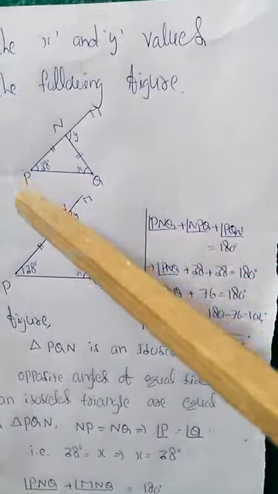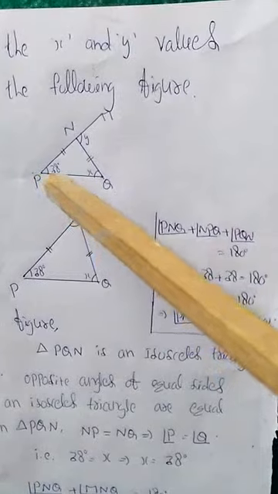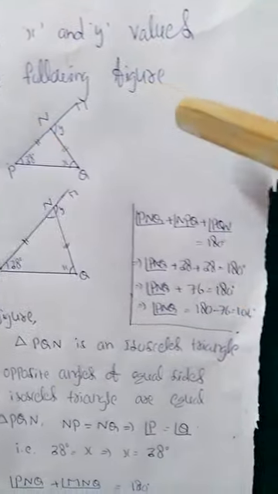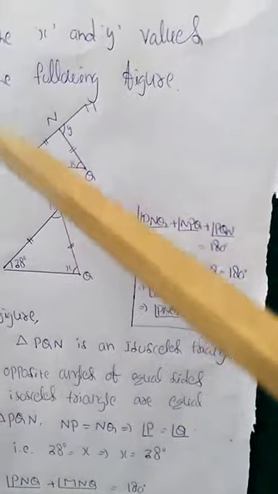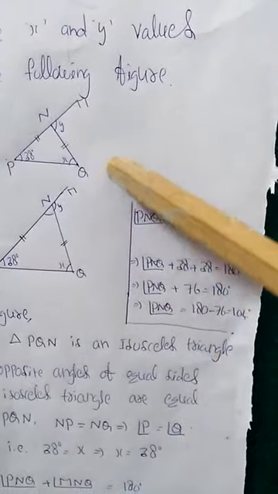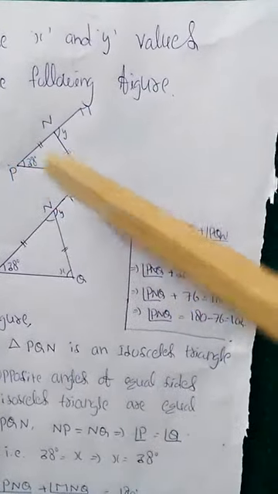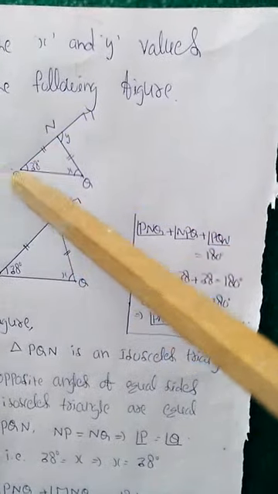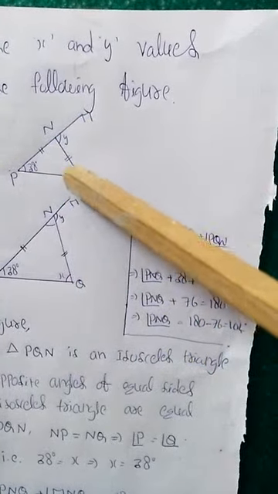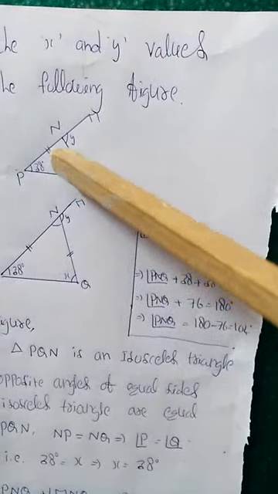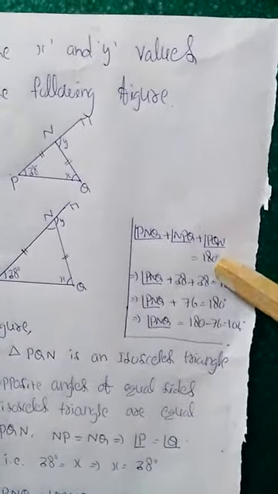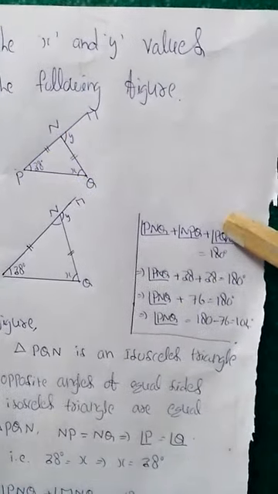Now in this triangle PQN, one angle is 38, another angle we also got 38. Now we can find the third angle by using the angle sum property. That means angle PNQ, which is the angle here, plus NPQ, that means the angle at P, plus PQN, that means the angle here which is x, the value of x is 38, is equal to 180 degrees. Sum of these three angles equals 180.